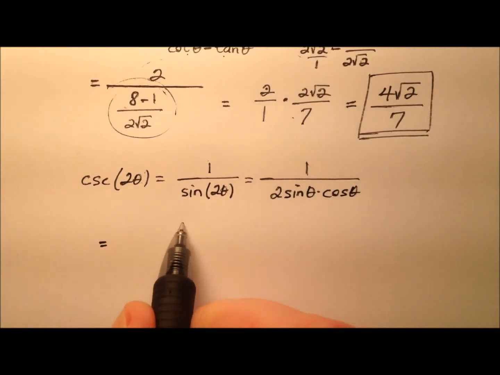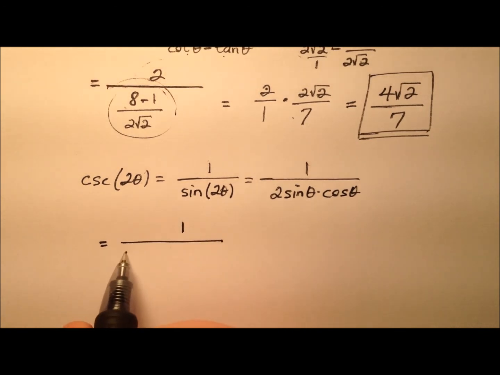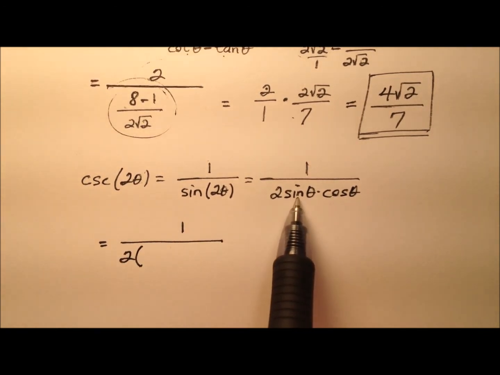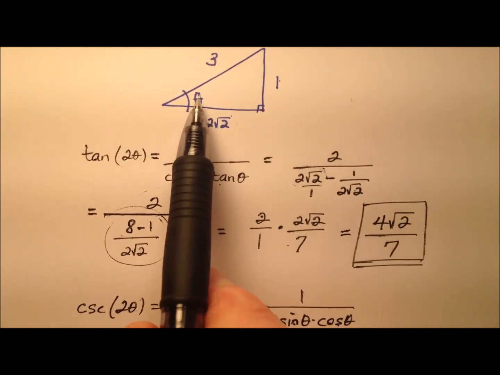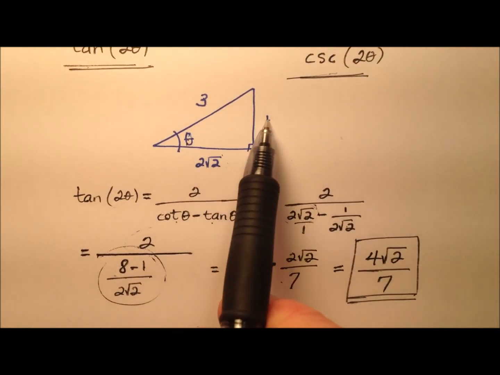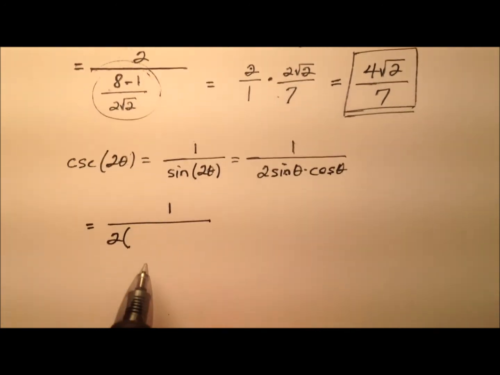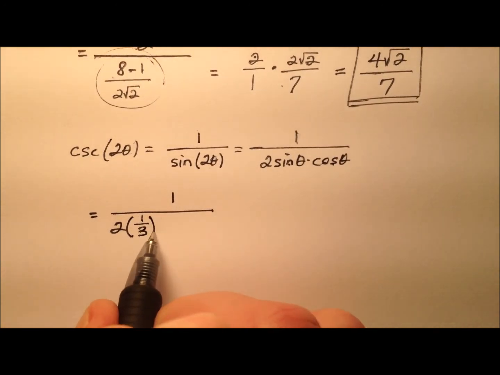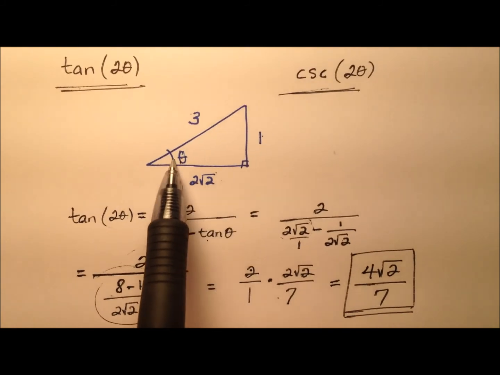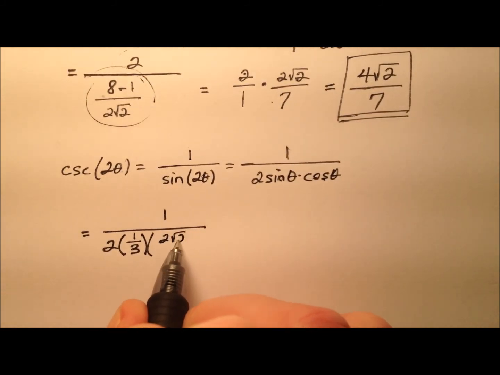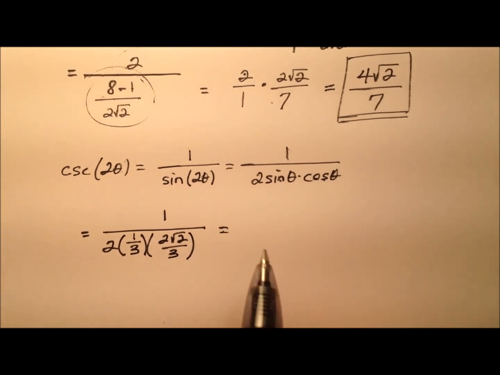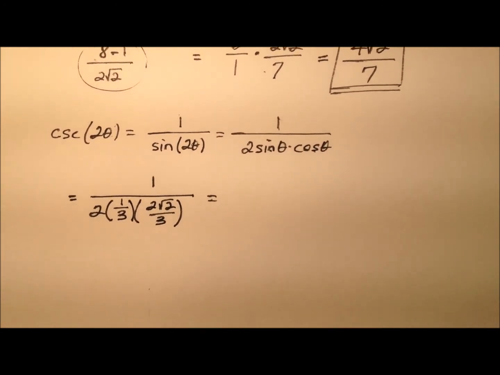So once again, I'll have a fraction, 1 over, so 2 times. So let's go ahead and find the values for sine and cosine for our theta. So sine is opposite over hypotenuse, so 1/3. And cosine is going to be adjacent over hypotenuse, so 2 radical 2 over 3. And now we just need to simplify this.